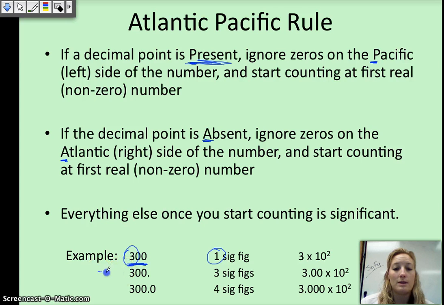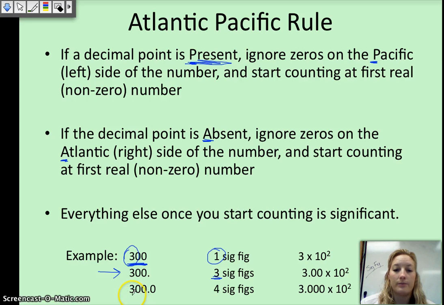The first real number is our 3, and we can go 1, 2, 3. We have 3 significant figures. That means any calculation we do with that number is going to have 3 significant figures in it also. We can only be as accurate as our weakest measurement.